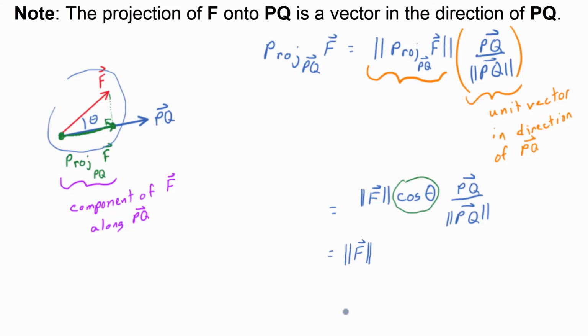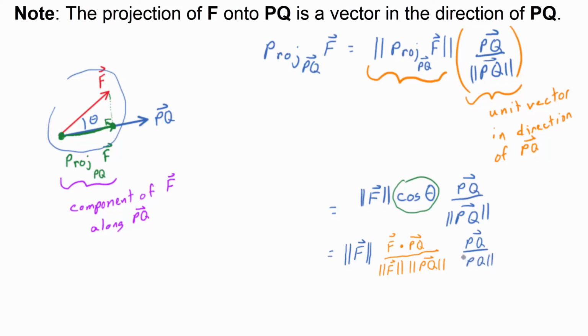In fact, your book uses single magnitude bars. So instead of u dot v on top for the cosine, it would be F dot PQ divided by magnitude F times magnitude PQ. Isn't that the same formula as above, using different letters, that we used for the cosine? Everybody believe that?